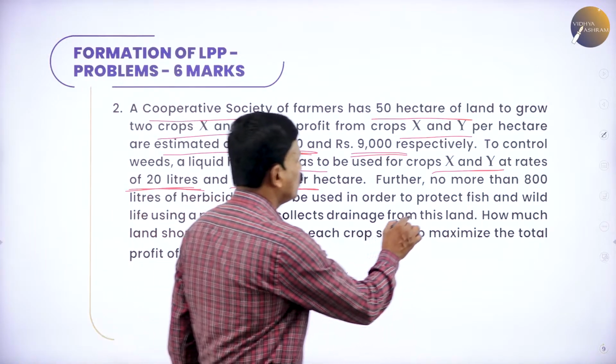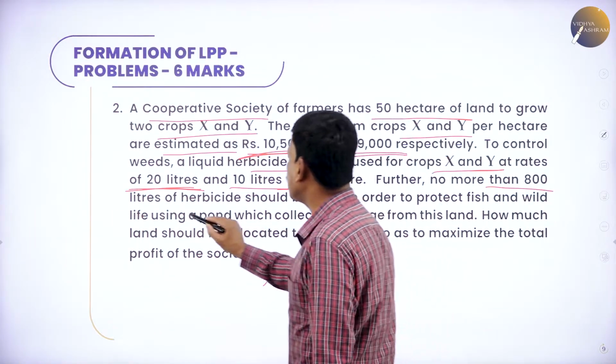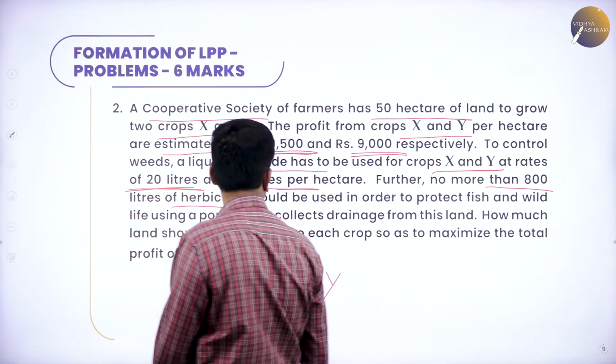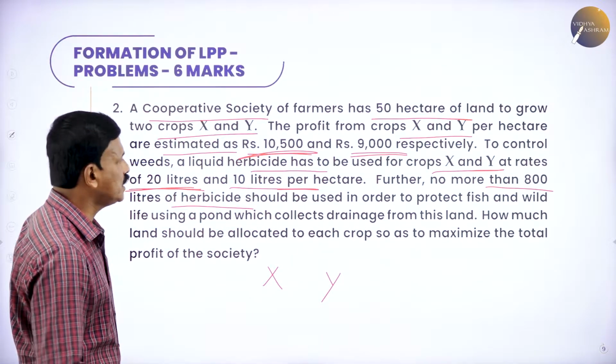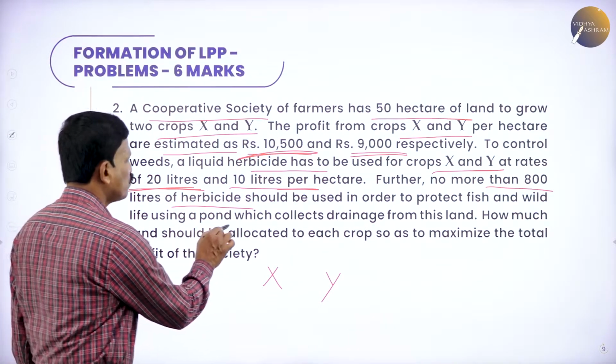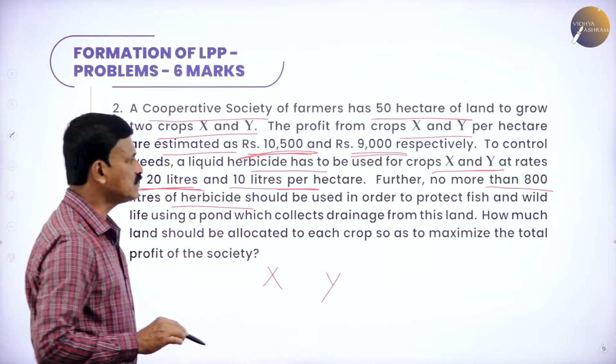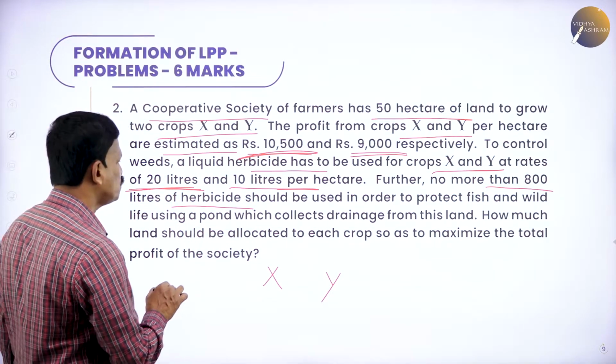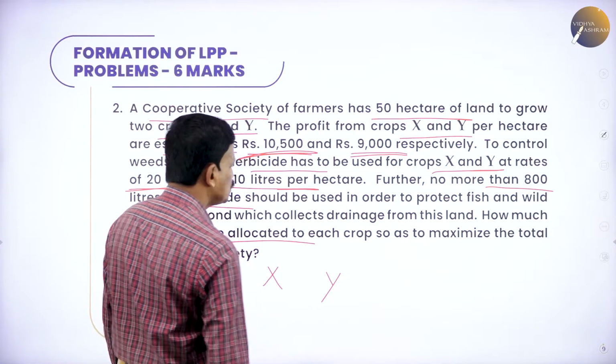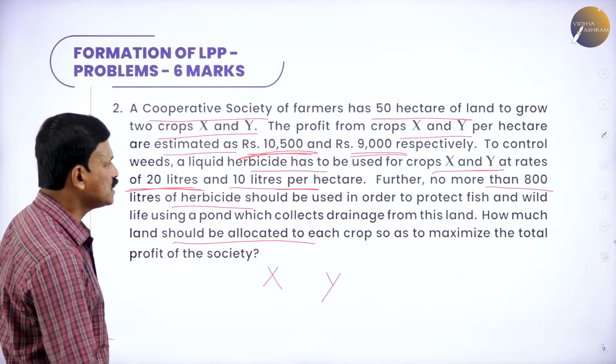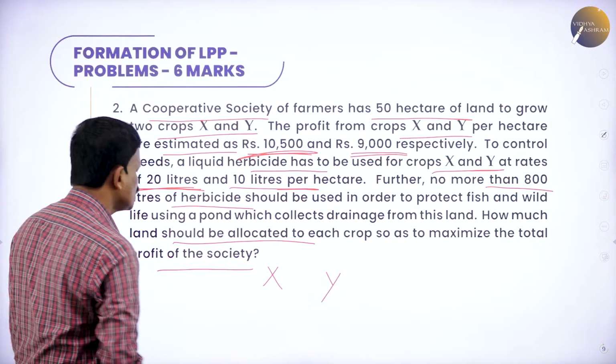Further, no more than 800 liters of herbicides should be used in order to protect fish and wildlife using a pond which collects the drainage from this land. How much land should be allocated to each crop so as to maximize the total profit for the society?